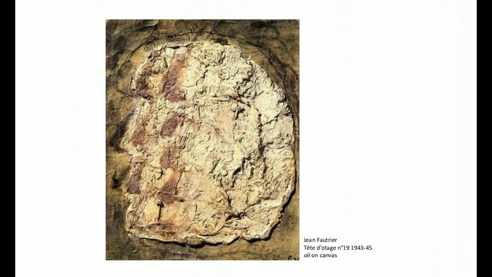Starting off with our pictures today is Jean Fautrier. He's a French painter who, during the war, and you can see the dates of this painting actually coincide with the last few years of the war, was a refugee. He was hiding.